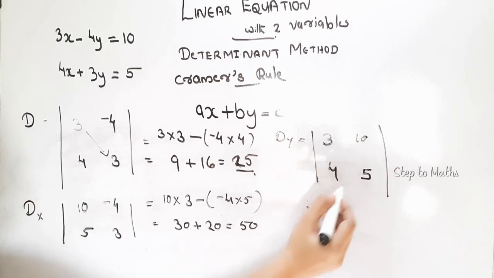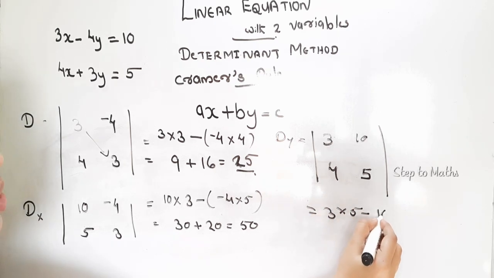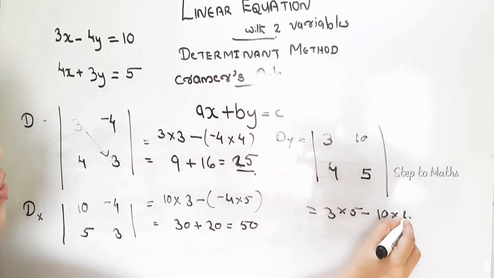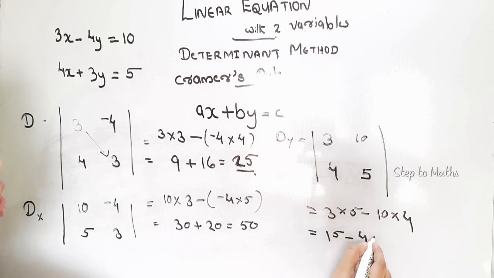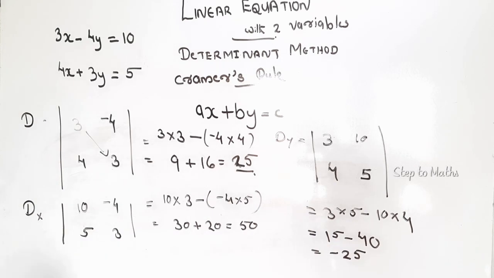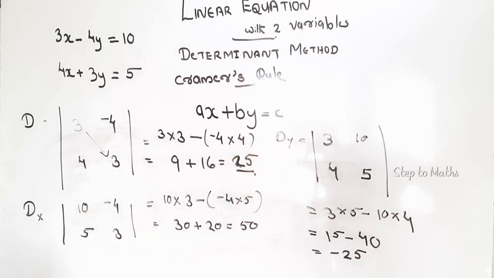What is its value? 3 into 5 minus 10 into 4. 15 minus 40 is equal to minus 25. Now we have the three determinants D, dx and dy.